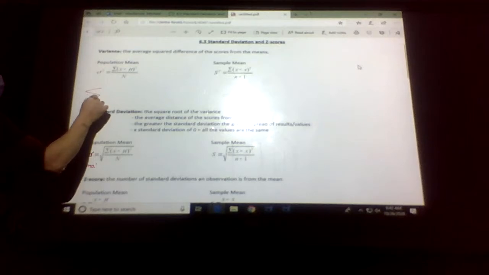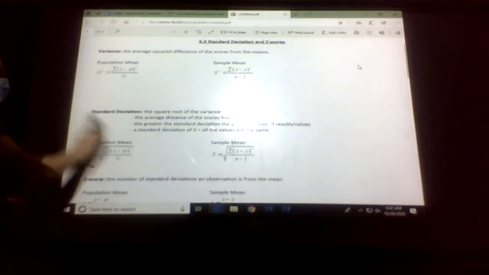Just like we had the symbol like this, this is uppercase sigma, and this is lowercase sigma. Just like our alphabet, you have an uppercase letter and a lowercase. I know they don't look anything alike, but this is lowercase sigma, and this is uppercase sigma over here.